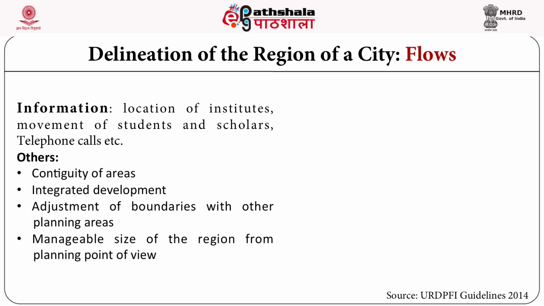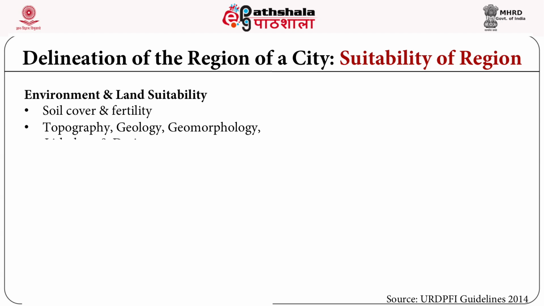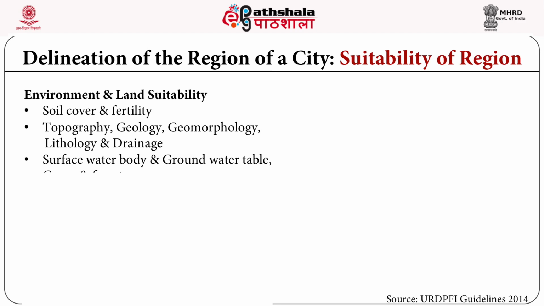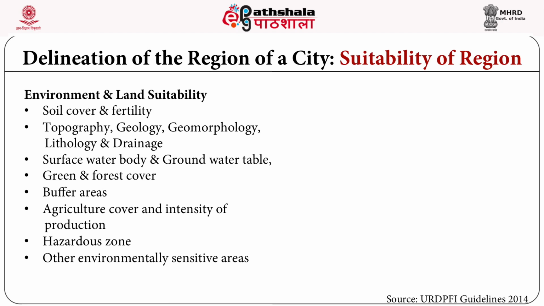I try to identify the catchment areas, and therefore there are a lot of aspects which go in as environmental parameters, that means the landform, the soil cover, then the geology, water bodies, then the forest covers, buffer areas. All these can be aspects on which we identify the region and we delineate the region.